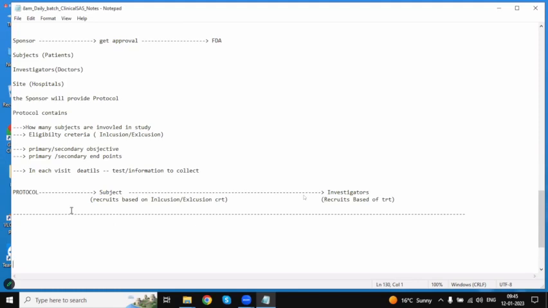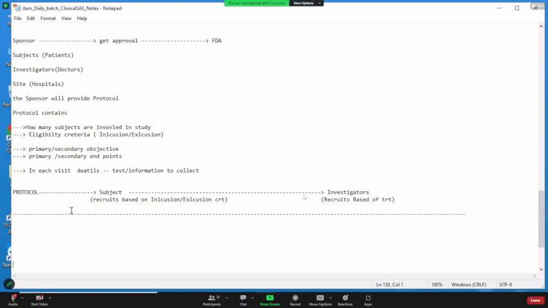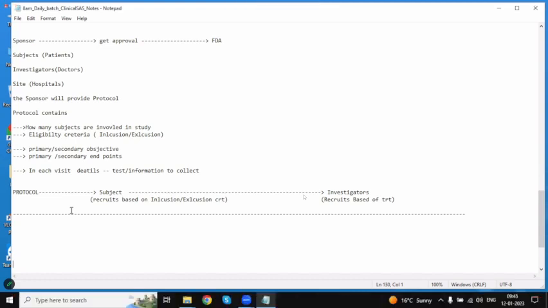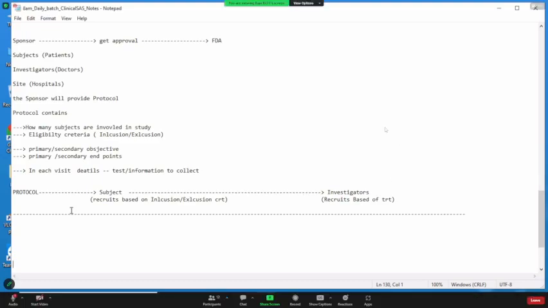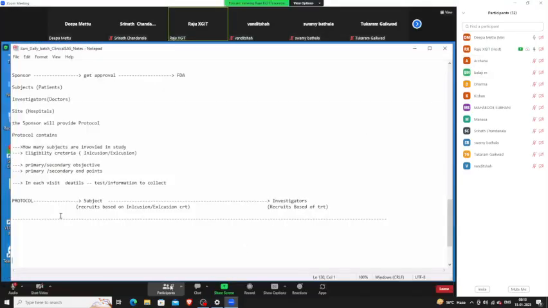The protocol contains everything: how many subjects were involved, what the primary and secondary objectives are, how subjects will be screened, the eligibility criteria, that is inclusion criteria and exclusion criteria, and what tests we have to do in each visit. All the information about the clinical trial is available in the protocol document, which will be provided by the sponsor.